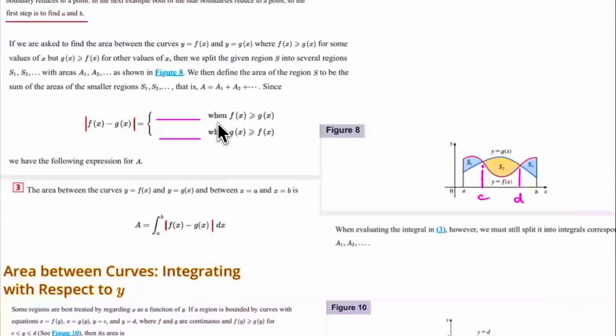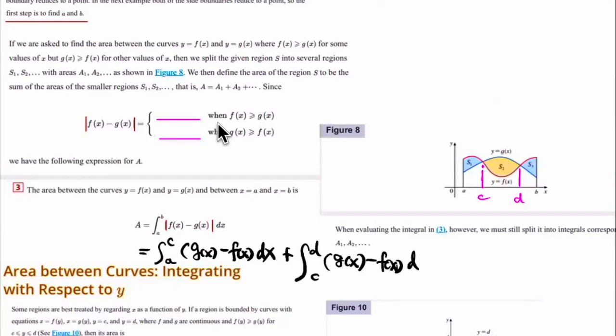So for example, from A to C, the function on top is g. So you will have g minus f, and then plus from C to D, you have g minus f, and then from D to B, you will have f minus g. So you break them up this way.